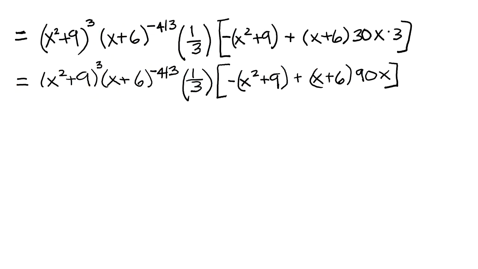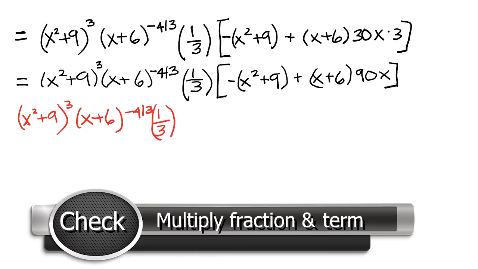In this next step, I want to show you why this works. So you wouldn't normally do what I'm about to do if you're working this problem. So I have a factor of x squared plus 9 cubed times x plus 6 to the power minus 4/3 times 1/3, and I'm going to multiply that now by this first expression inside the square bracket, so I have minus x squared plus 9.